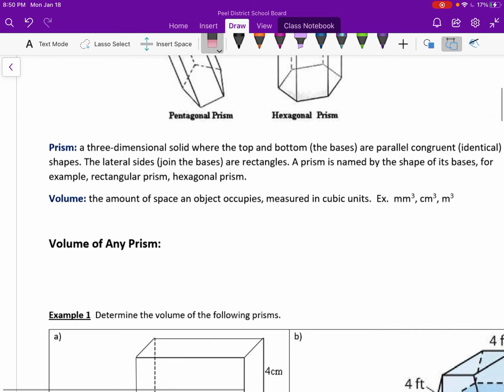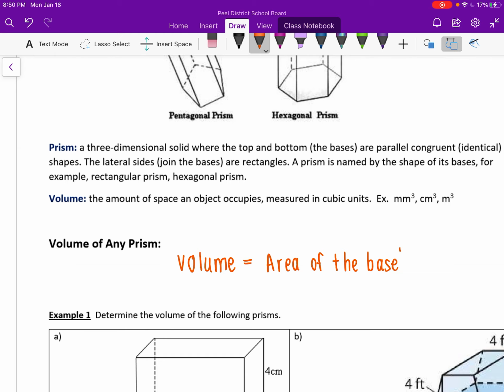It's usually measured in cubic units. So we measure it as either millimeters cubed, centimeters cubed, or meters cubed, depending on what you are measuring. The volume of any prism is equal to the area of the base multiplied by height.